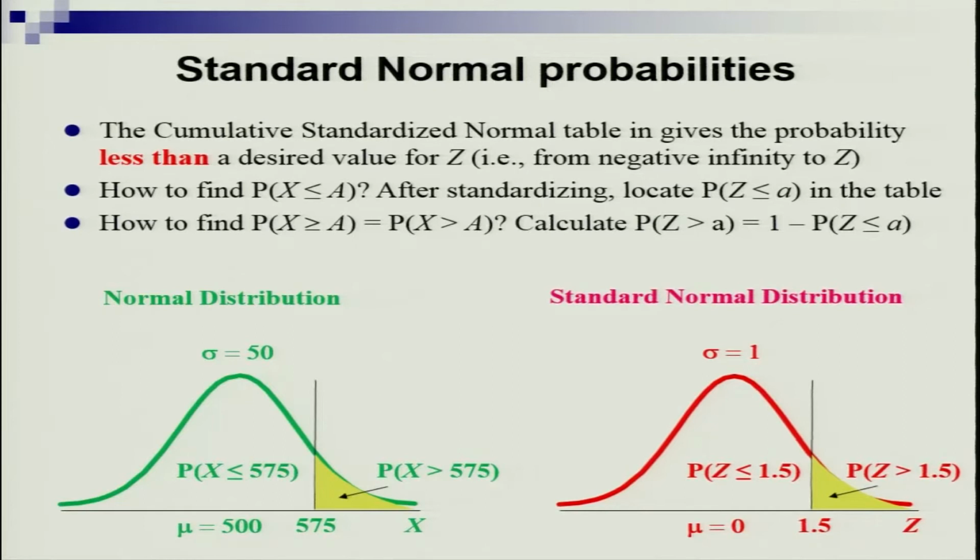So we can write these expressions interchangeably, and then we can calculate the probability of z greater than small a, and that is equal to 1 minus the probability of z less than or equal to small a. That is from probability theory, and then again you go back to the standard normal CDF table, find the value for the probability of z less than or equal to small a, and you are done, you can calculate the number.